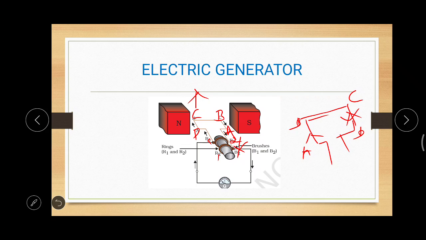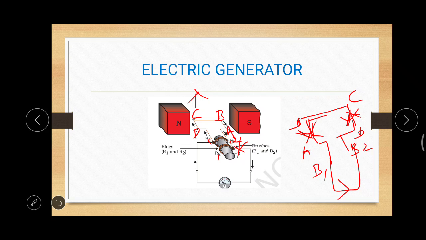Okay, and as well from the arm AB, if you are considering, the current will be from B to A. Okay, B to A. So the current directions are reversed, that is B to A and D to C. So here it is B2 and here it is B1. Hence the direction of the current will change from B1 to B2 outside the coil. Earlier it was from B2 to B1. Now it is B1 to B2.